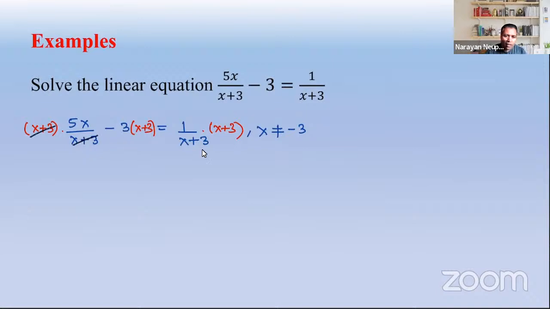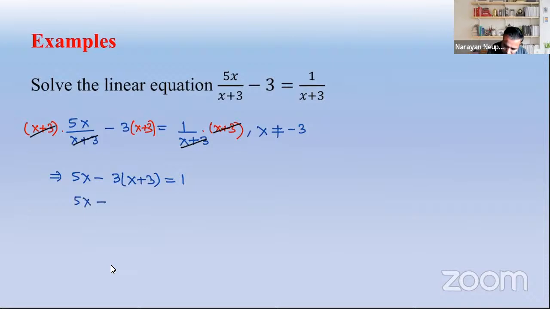In the second, there is nothing to cancel, but here on the right-hand side, x plus 3 in the denominator, x plus 3 in the numerator. So it is x plus 3 over x plus 3, which is 1. So we can cancel that. Now the equation is changed to 5x as the first term minus 3 times x plus 3 as the second term is equal to 1. Now we can solve this.